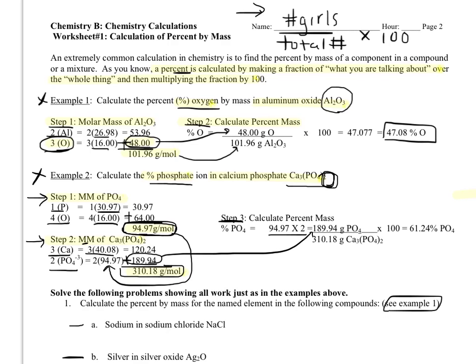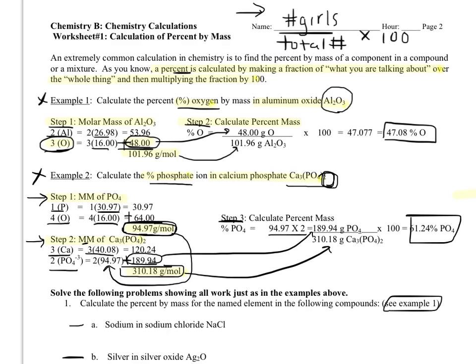Otherwise, you redo the calculation. Waste a little time, but fine. So we put that on the top, and then on the bottom, we put the mass of the entire thing, the Ca3(PO4)2. We divide, we multiply by 100, and we round our answer to 61.24% PO4.